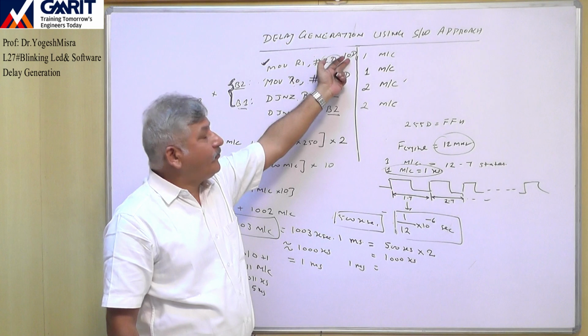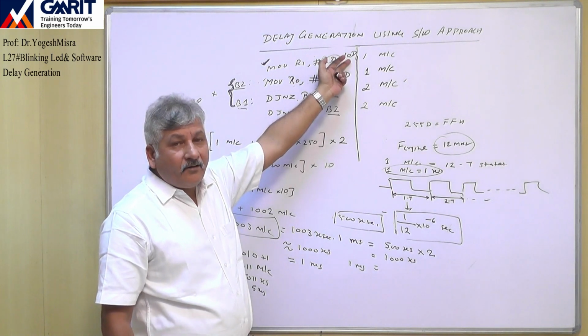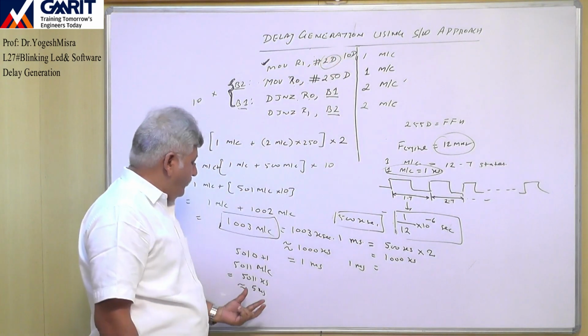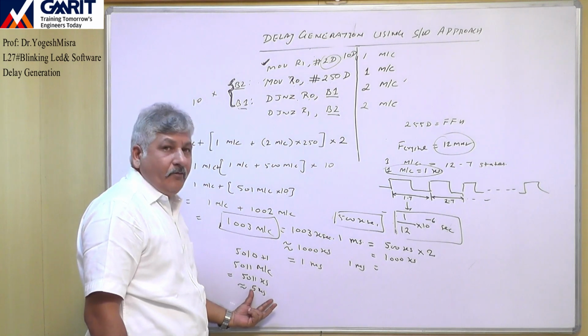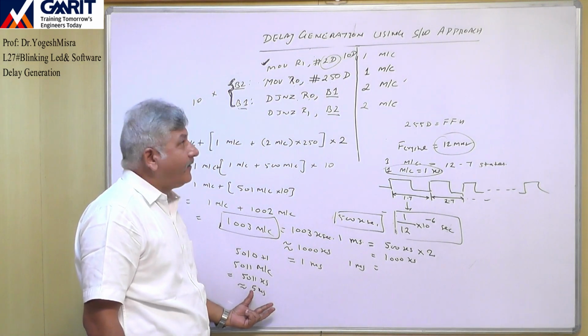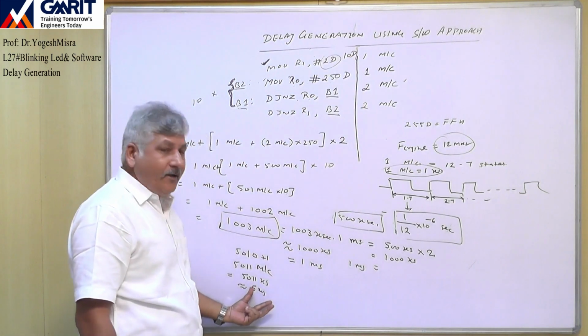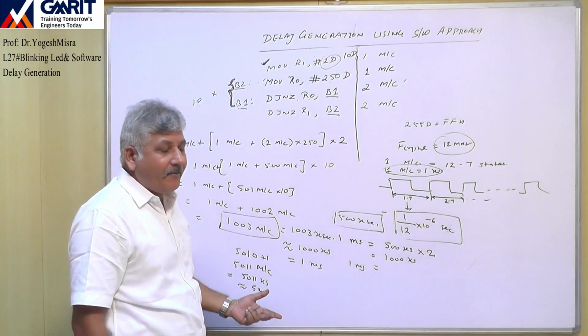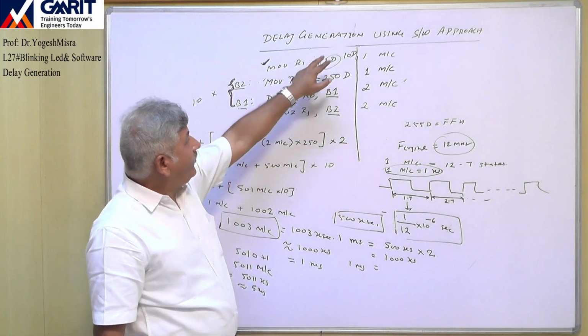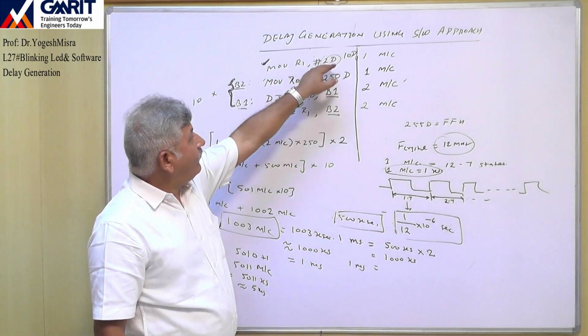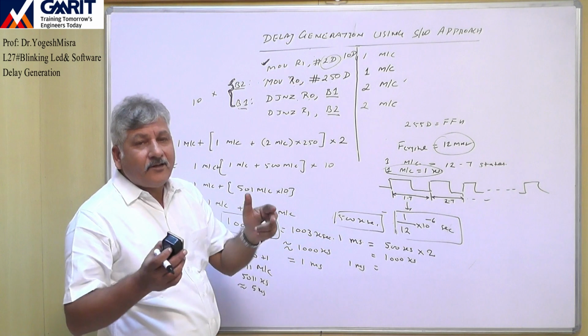And if here I put 100, so into 10, it will give us a delay of 50 milliseconds. If I put here 200, so double that, then it will give me a delay of 100 milliseconds. So like that, if we change the value of these registers, it will change the delay.